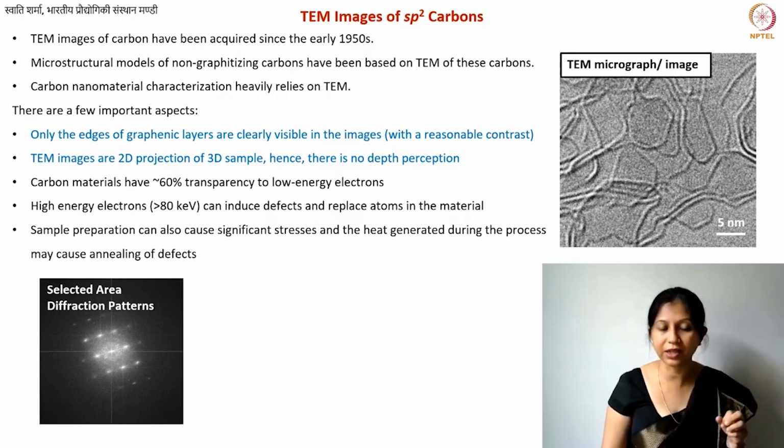That much information you can generally get, but that is very difficult in the case of carbon, especially non-graphitizing carbons. It is very, very difficult to get this kind of information, and diffraction patterns can often be misleading. If you even try to index this particular diffraction pattern, it's very difficult to get any information, because even when you have pure graphite, you do not have hexagonal close packing.